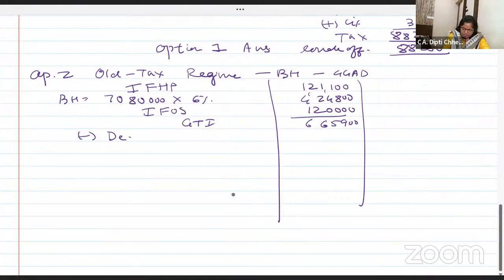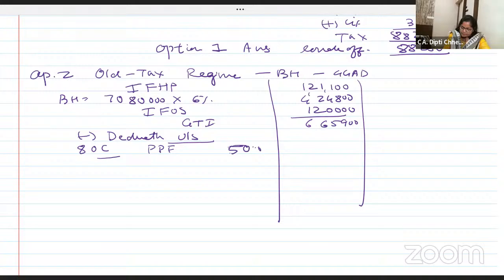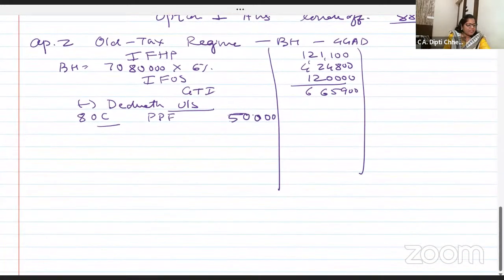Now, deductions. Deductions under section, first is what? ATC. ATC has put the money in PPF, that is 50,000. LIC, that is 60,000.